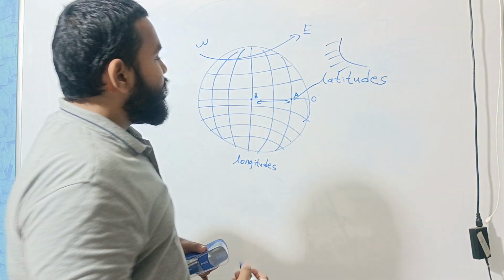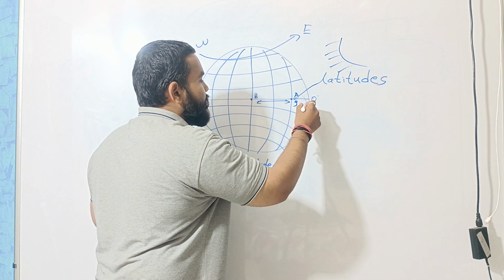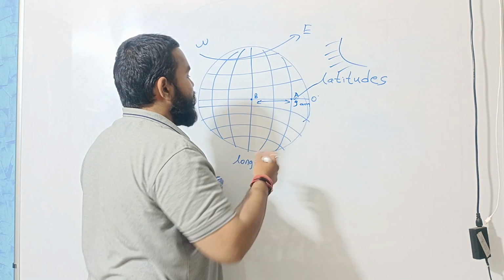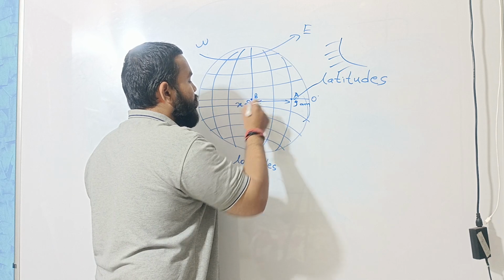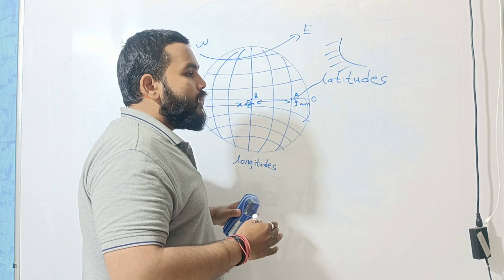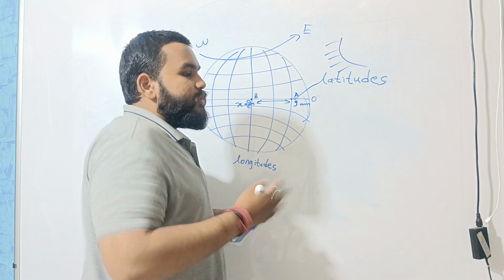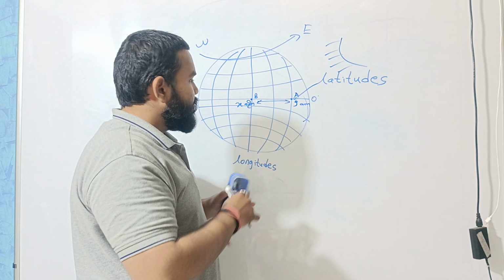So how can one understand that gap? For example, here it is 9 a.m. Then at the same time, here it is something x a.m. I'm not disclosing what the time is here because I'm first telling you the logic behind it, and after that I will tell you the math behind it.